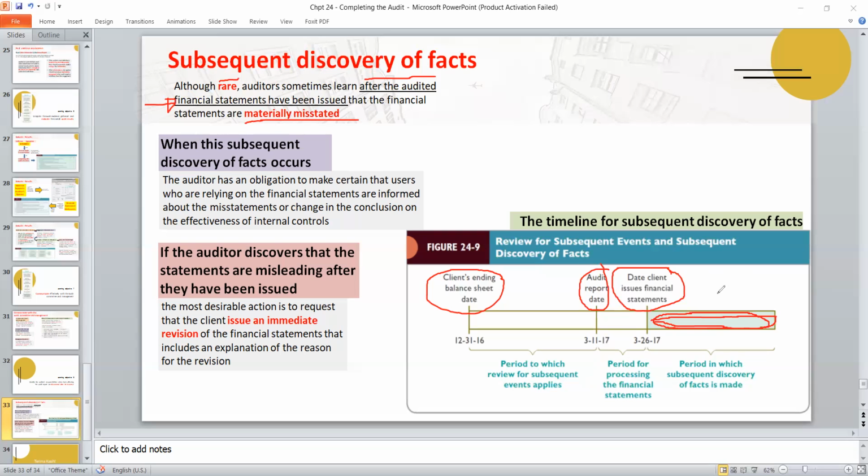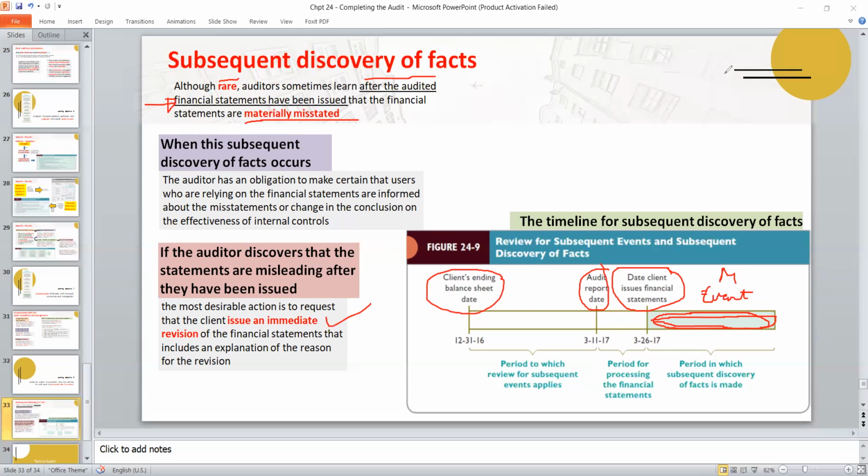So if you discover some kind of event and it's material, you need to issue an immediate revision of the audit report. That's all for the subsequent discovery of facts after the client issued the financial statement.